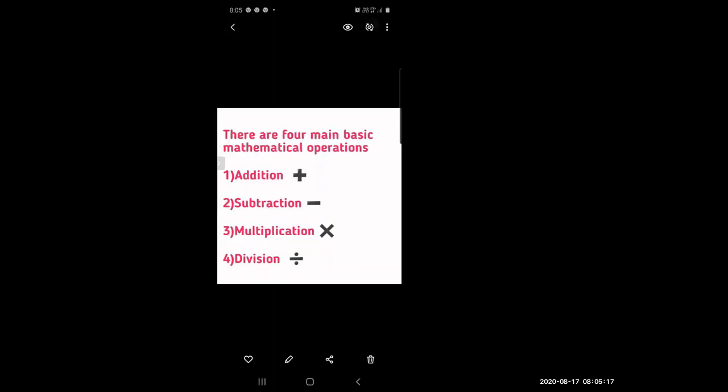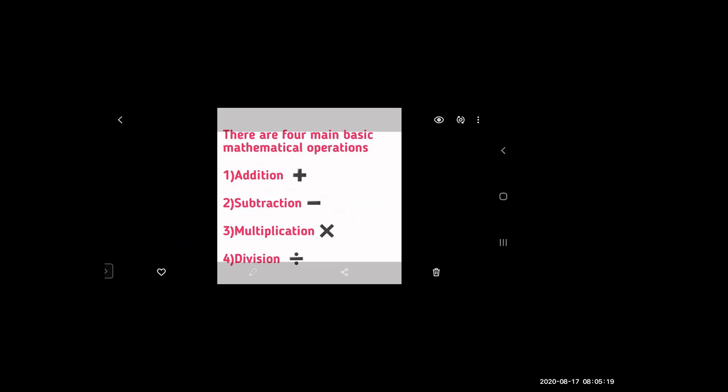As you all know, there are four main basic mathematical operations. First one is addition, second one is subtraction, third is multiplication, and fourth is division. You can see in the image that in front of addition, subtraction, multiplication, and division, I have put their signs.